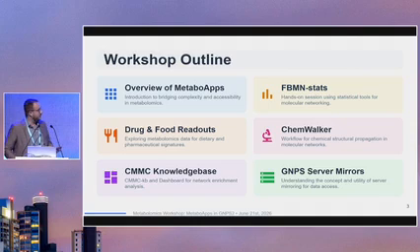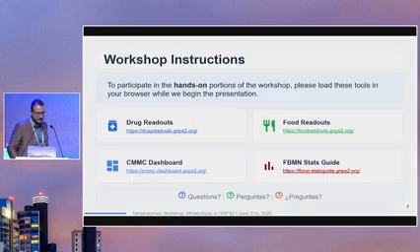Then I'm going to present the drug and food readouts, the CMMC knowledge base, the FBmn-stats, and then the ChemWalker, which is a new one that wasn't on the abstract initially. And then we're going to talk about the mirrors on the GNPS servers, especially for this meeting, as it's going to be the first one hosted in South America, and we're going to talk a little bit more about that.